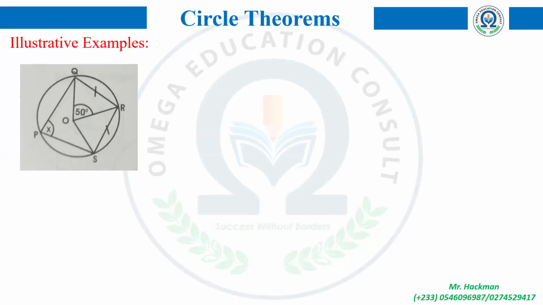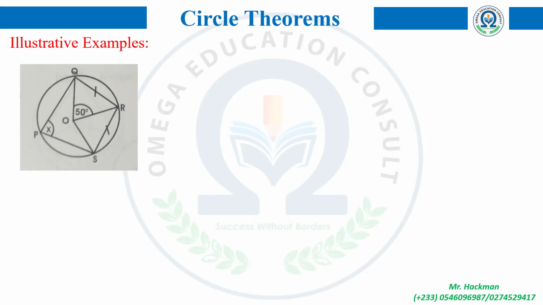Here I'm interested in this line QR and this line SR. I can see that you are being told they are equal. QR is a chord and SR is a chord. You agree? So here we are confronted with two chords of equal length, which is equal chords.